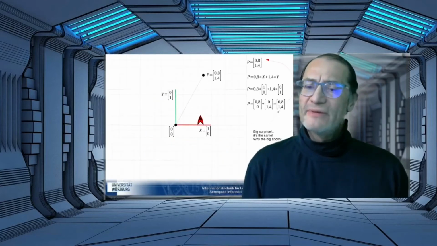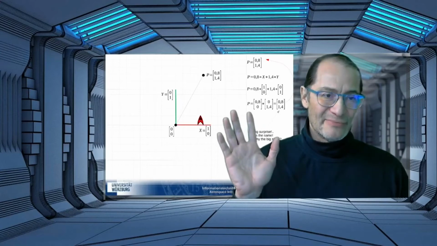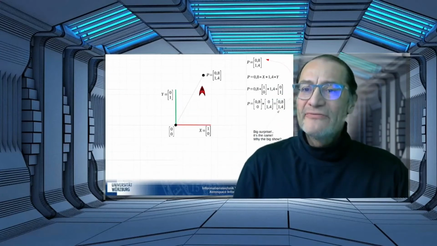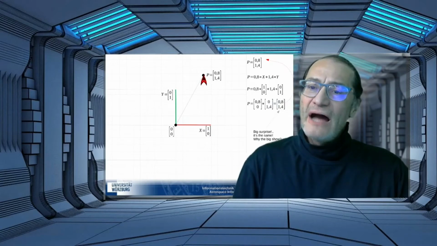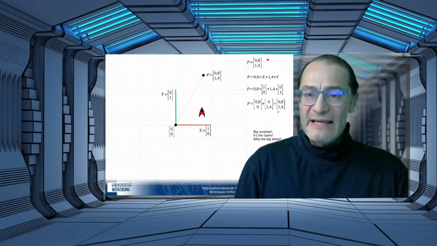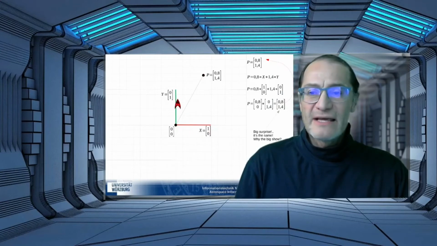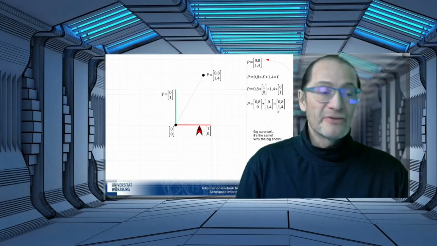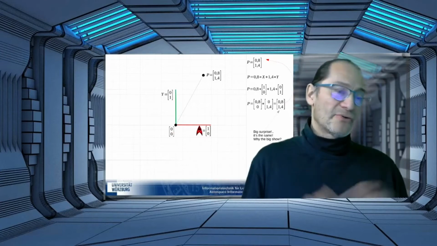Maybe you remember we were talking about this a few hours ago. Okay, we define this is a point, and this point has fixed coordinates relative to this coordinate system. Let's say this is the body coordinate system. It's attached to the body of the satellite or aeroplane or whatever you want.